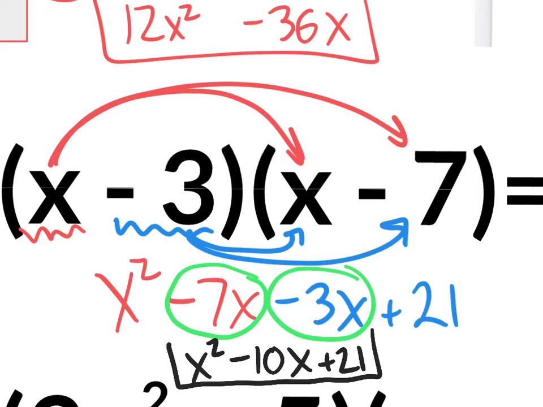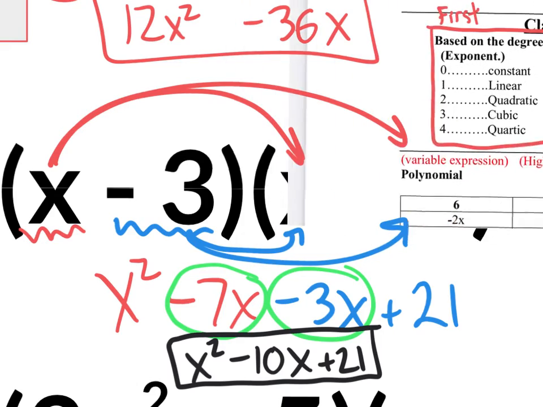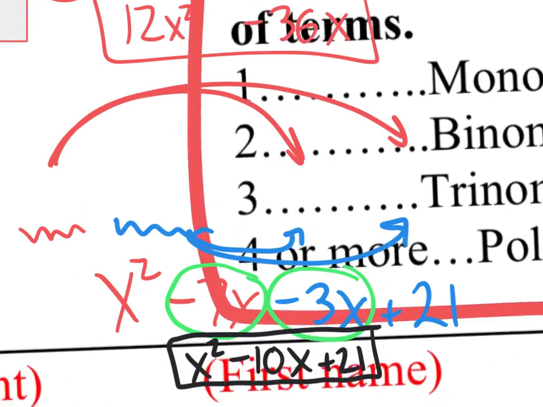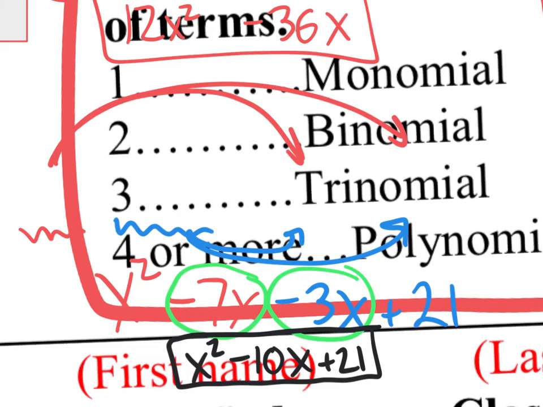And that's what a lot of us got: x squared minus 10x plus 21. That's the correct answer. That would be classified as a quadratic trinomial. Quadratic because the power of 2 gives us quadratic, and trinomial because there were three terms.